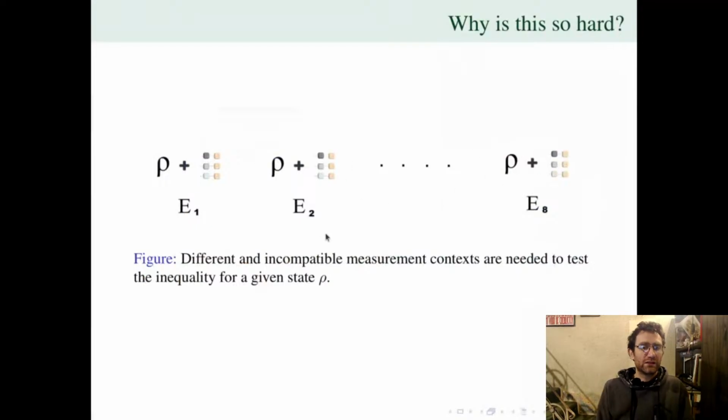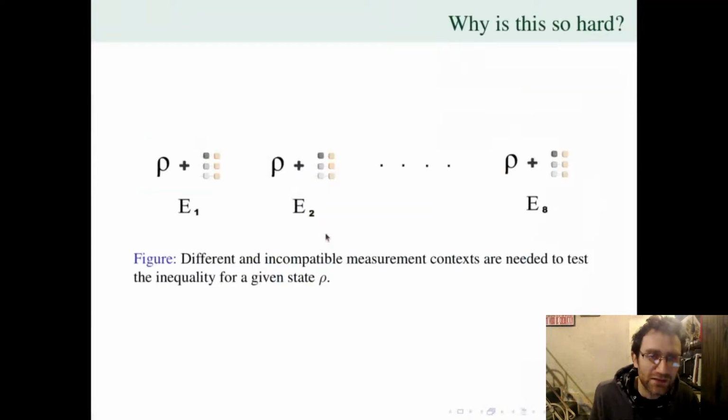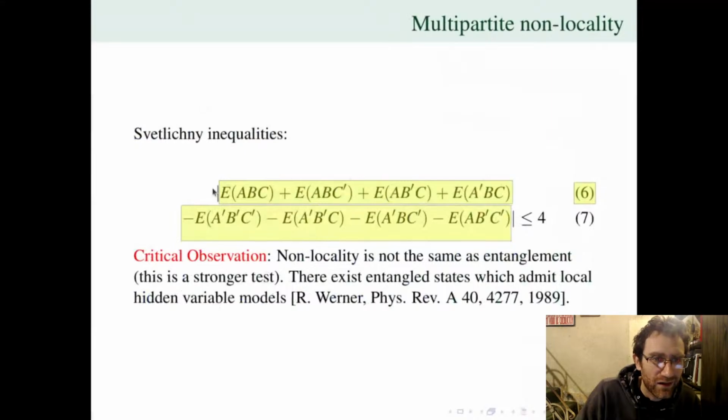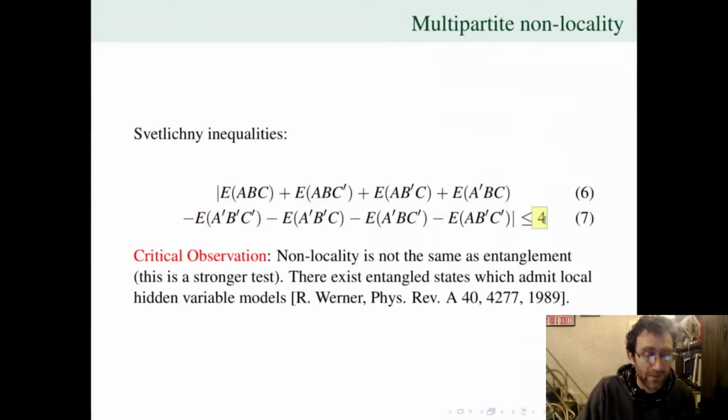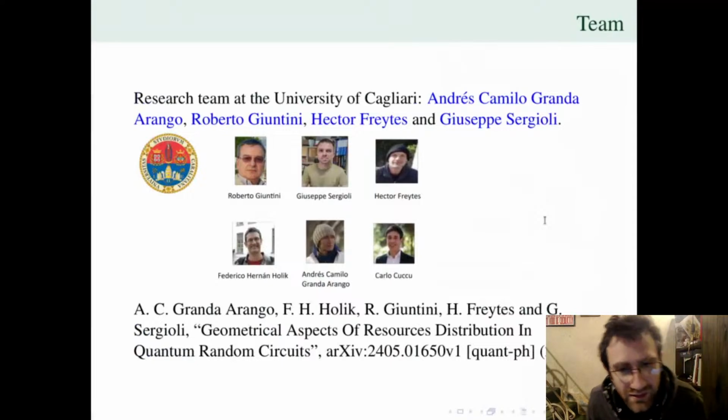And out of this, you can compute the Svetlichny operator mean value, if you want to call it that way. You can compute this quantity and check whether it is greater than 4 or not. And then you can see up to which point your quantum processor is capable of simulating genuine multipartite non-locality. So this is the elementary block of our test or benchmark tool.